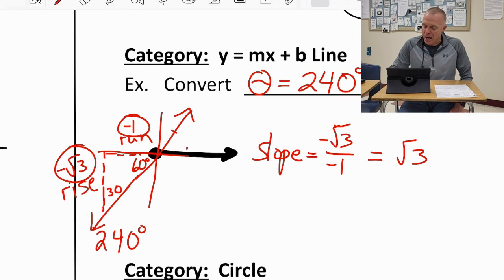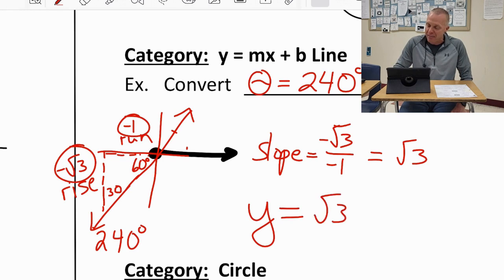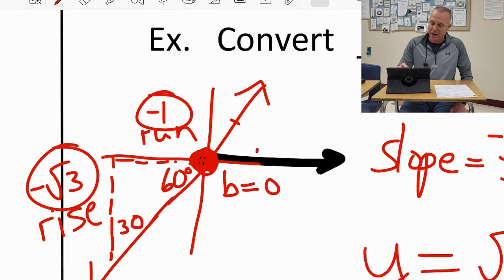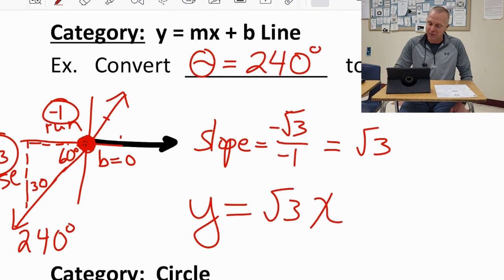Now remember, the reason I'm trying to come up with a slope is because I want to write an equation of the form y equals mx plus b. Now that looks more like it's been converted. By the way, the b value is the y-intercept, and just to make sure we know that, that is 0. So we've got our equation.